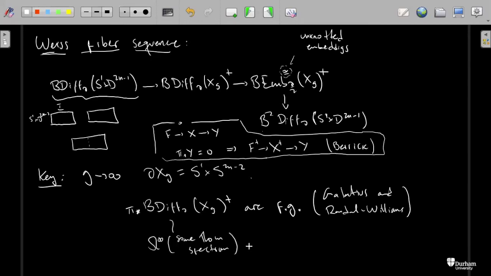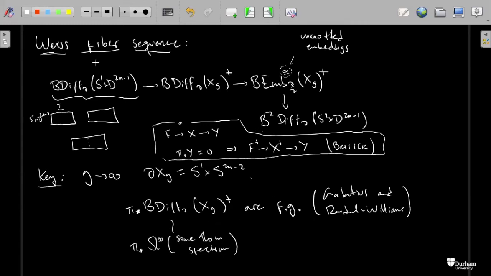But in spite of the notation, these are rather easy objects to analyze, especially if you just want to say things of this quality, like finite generation and things like that. So you can show rather easily that this space has finitely generated homotopy groups.